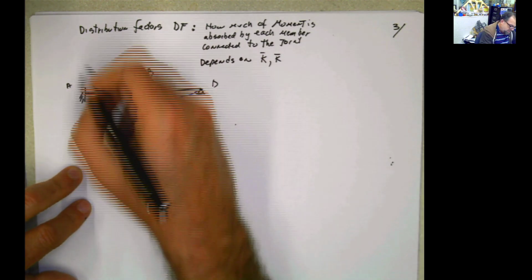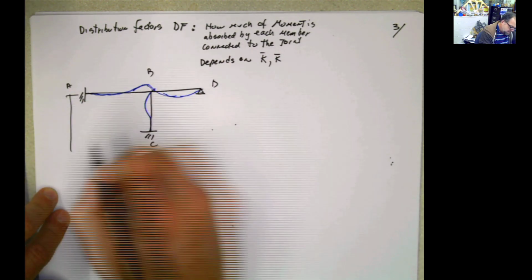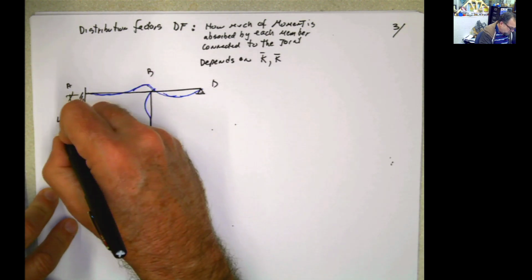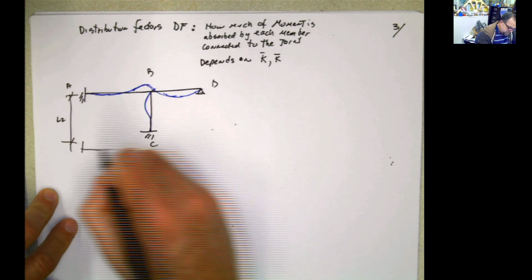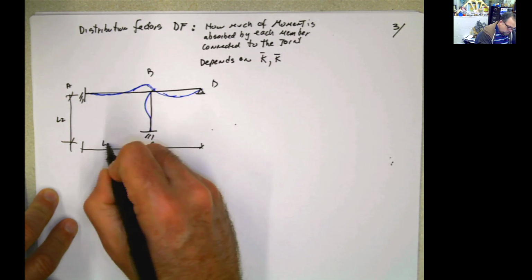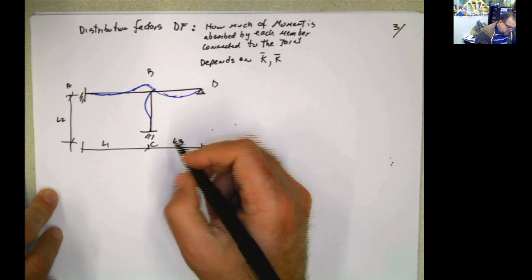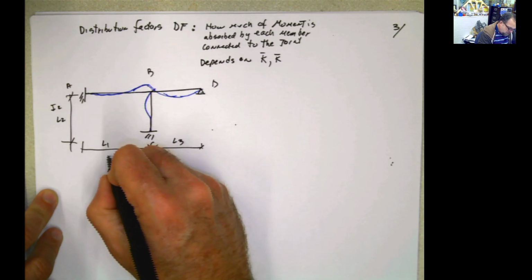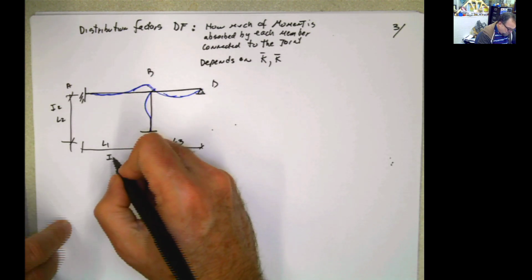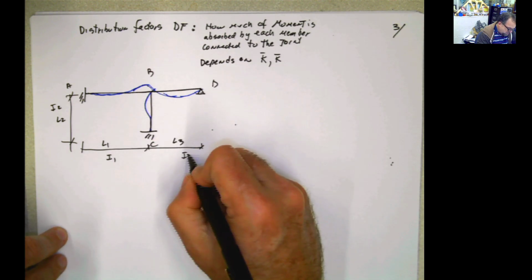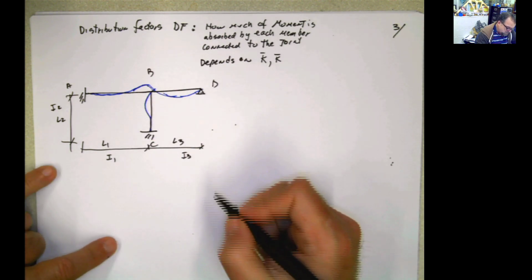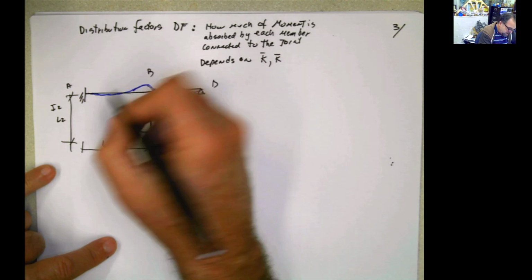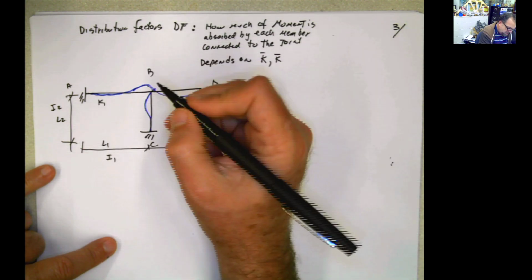And then you have these distances, this is L2, this is L1, L3, and then you also have inertia 2, inertia 1, inertia 3. So with each one of these values, you can calculate different K. So you can calculate K1 here, or KAB.